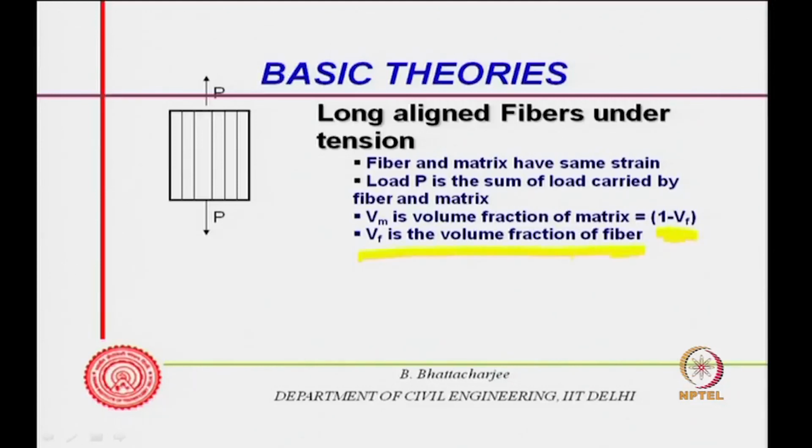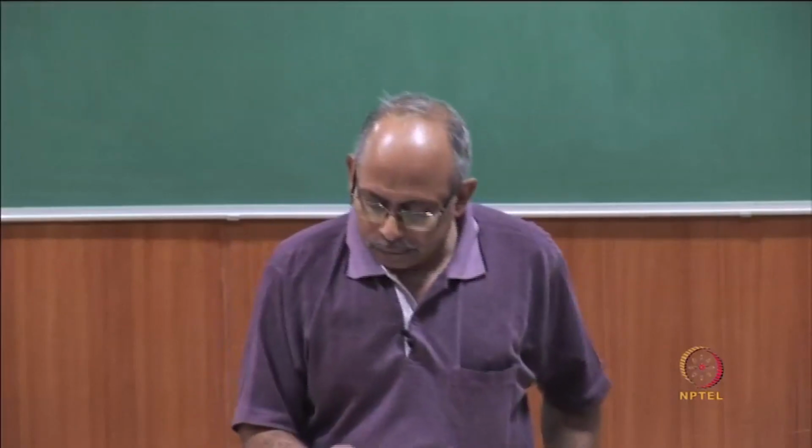V f is the volume fraction of fiber, and the composite modulus of elasticity can be simply written as V m E m plus V f E f. How can it be written simply? Because strain is the same.